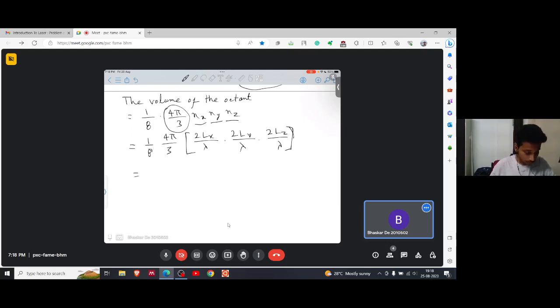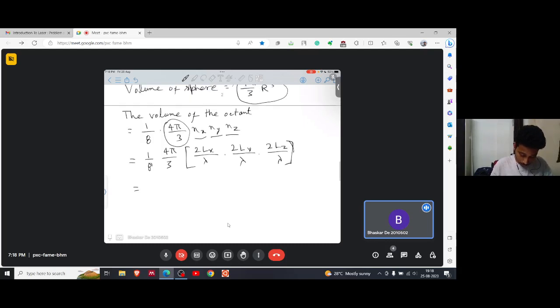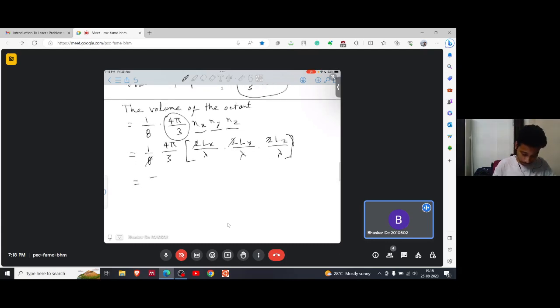So this 8 will just go away, giving 4 pi by 3 lambda cube lx, ly, lz.